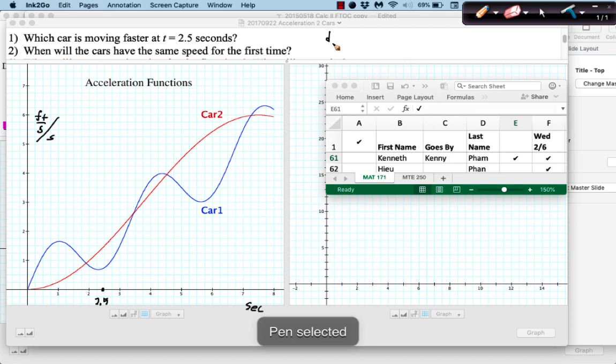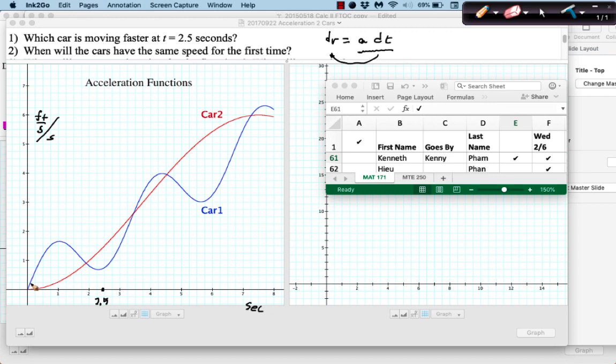So dv equals a, this rate of change, dt. So speed is the result of many little changes in speed, and we calculate each little change in speed by taking the rate times the change in time, which gives us a little change in speed. So if we did this from 0 to 2.5, which would have accumulated a greater change in speed, car 1 or car 2?